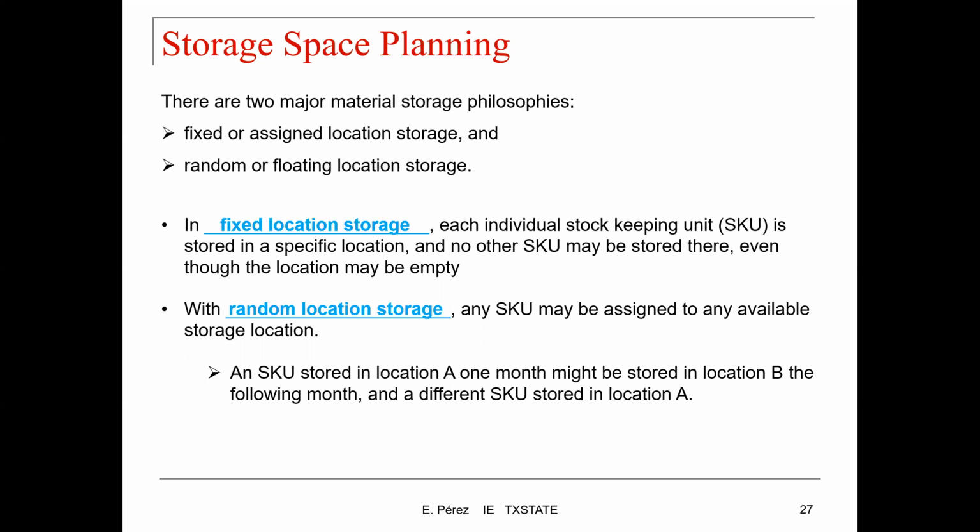With random location storage, any SKU may be assigned to any available storage location. An SKU stored in location A one month might be stored in location B the following month, and a different SKU stored in location A. So random location, basically no assignment; fixed location, fixed assignment.